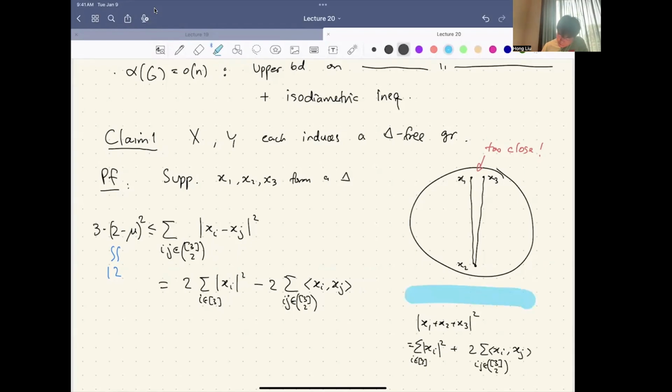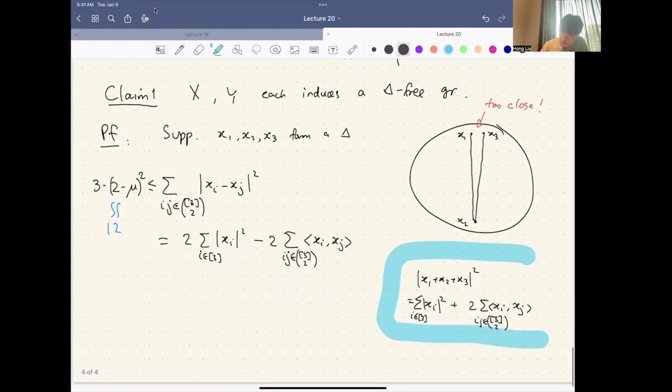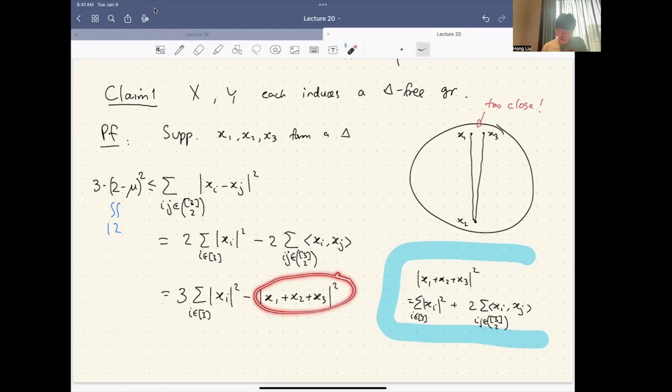Noticing this, we can write this as 3 times the sum of xi squared minus a squared norm. Why do we bother to change this to a squared thing? This is a norm which is greater than or equal to 0. You subtract something, so you can drop this term.